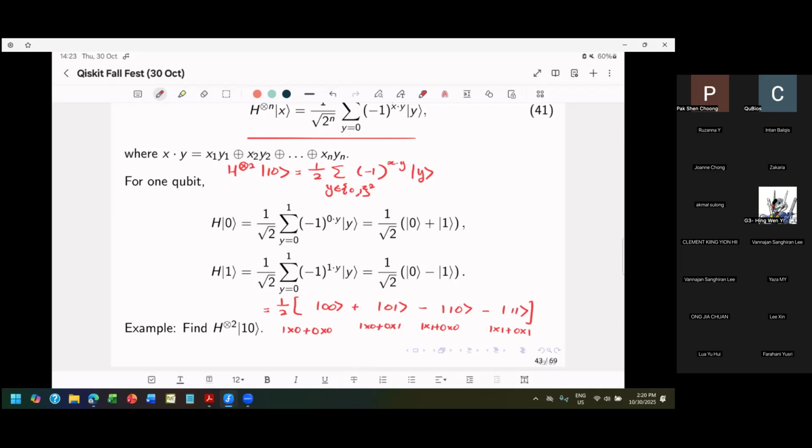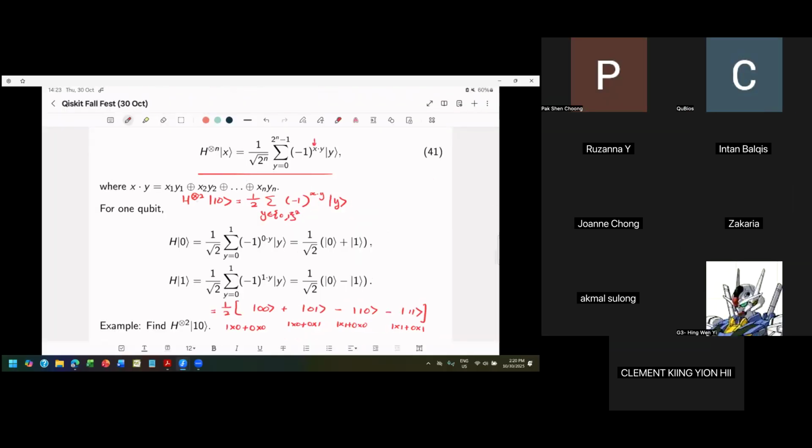So if you follow the equation, then you know that n equals 2. So you have 1 over 2. The summation is through 0 0, 0 1, 1 0, and 1 1. And then you have a minus sign multiplied with the sum of x dot y, and then you have y.